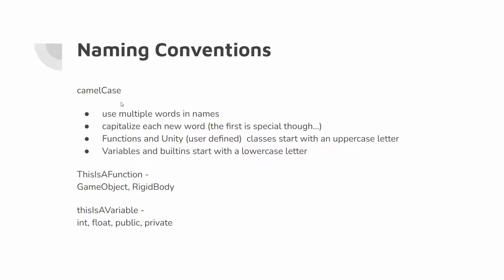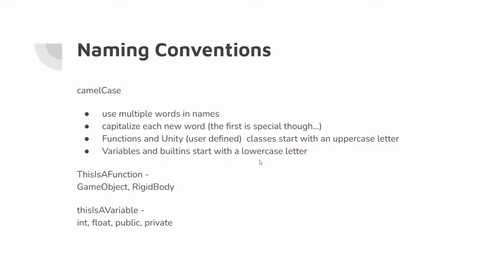So in Unity, you'll see that functions and Unity user-defined classes start with an uppercase letter, right? So when you have a component that you're building, the name of that component should be capitalized, okay? And functions within there should also be capitalized. Variables, any data that you have, should start with lowercase. So functions and classes start uppercase.